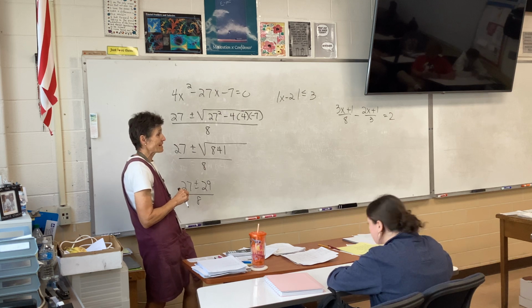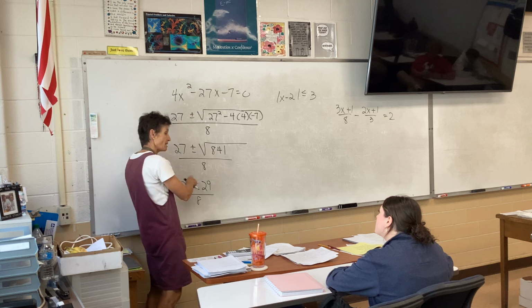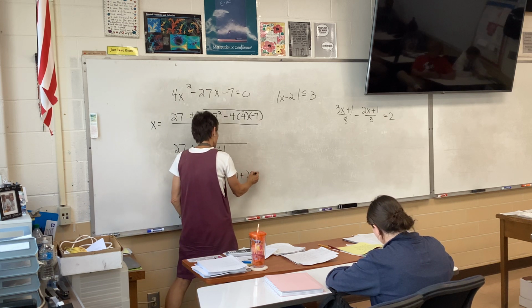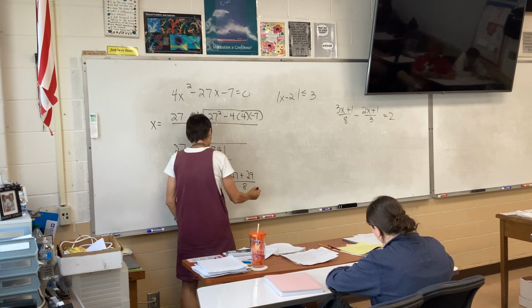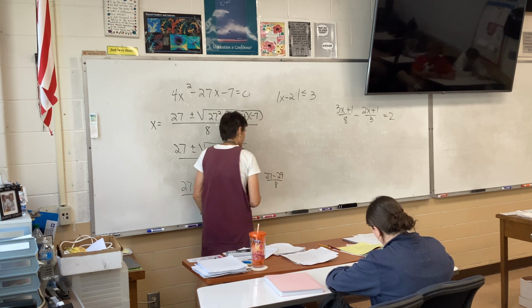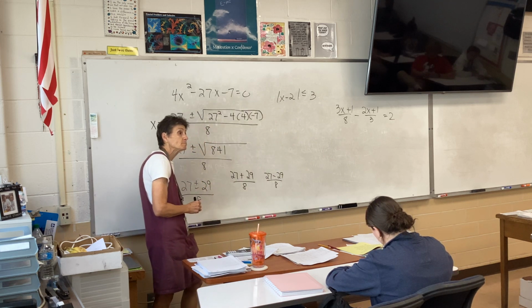Now you can give me decimal answers for those weird projectile motion ones, but these I want you to actually work out. So we're going to do 27 plus 29 over 8, and we're going to do 27 minus 29 over 8. Well, what's 27 plus 29? 56.